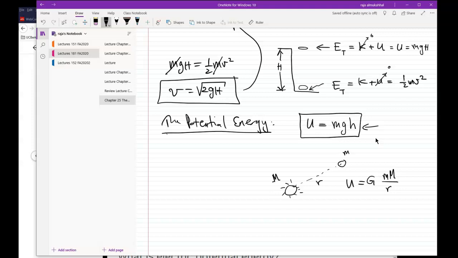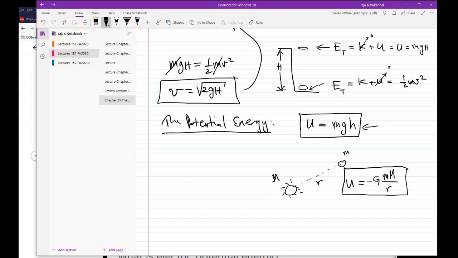And usually, because we are dealing with gravitation, and the nature of gravitation is attractive, we put a minus sign beside it, like that. So the minus sign indicates that the nature of this gravitational potential energy is attractive, which is always the case for gravitation.